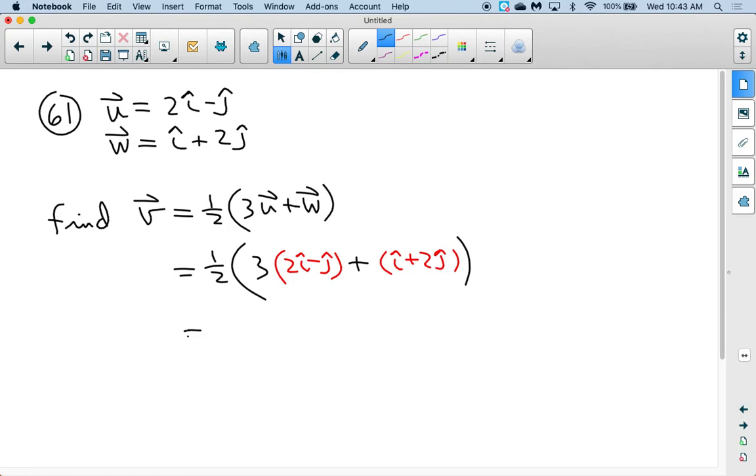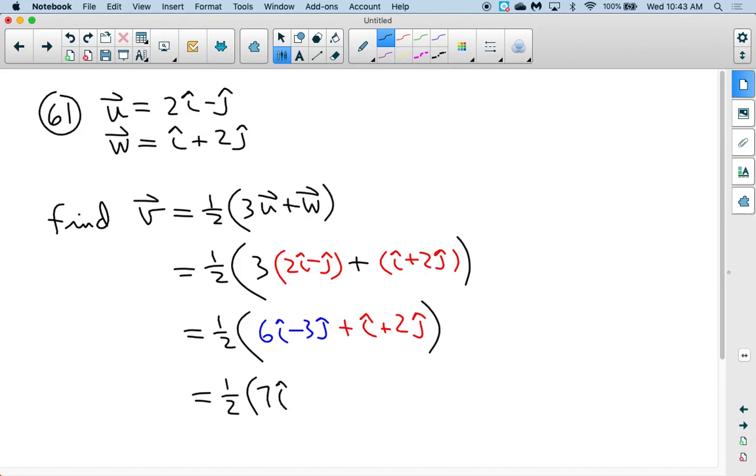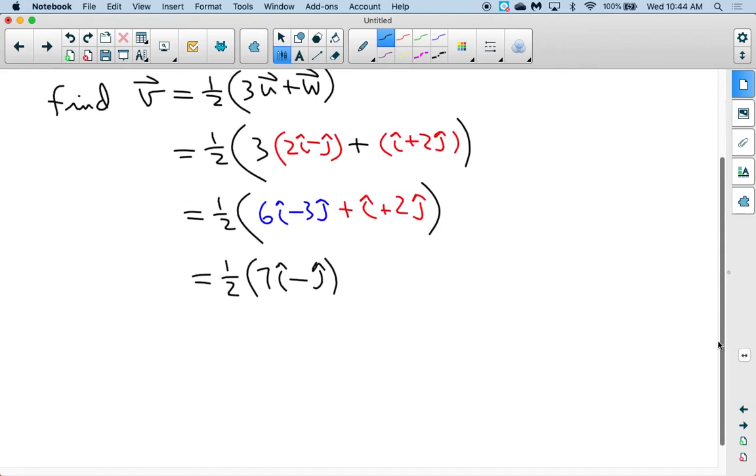That's equal to half times 6I minus 3J plus I plus 2J, and that's equal to half times 7I minus J. Then send the half through, so you get 7 halves I minus 1 half J.